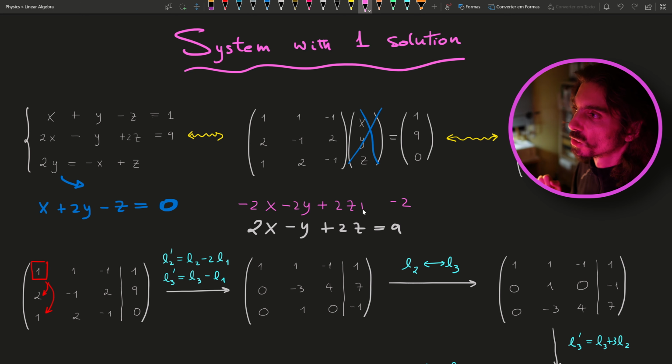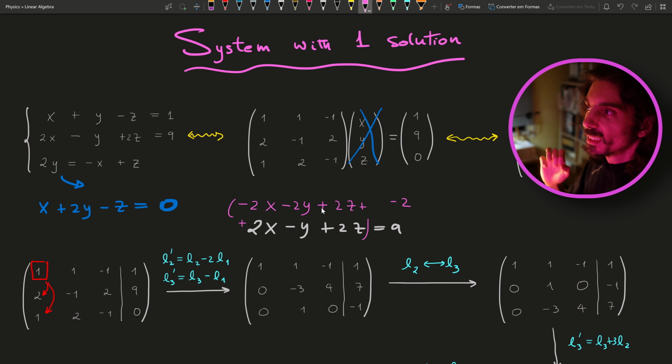Can you see? You just sum everything. So this is the first equation multiplied by minus 2, and I'm going to add it to the left-hand side of the L2 equation, the second equation.